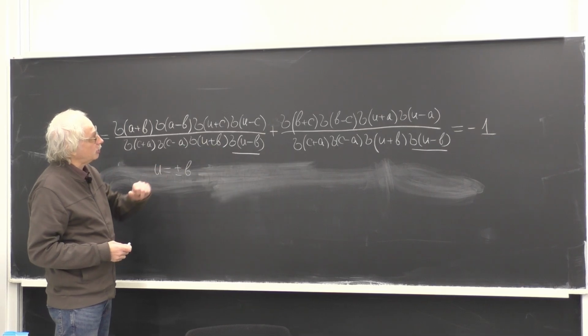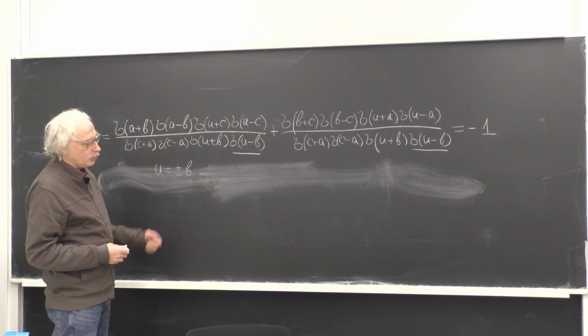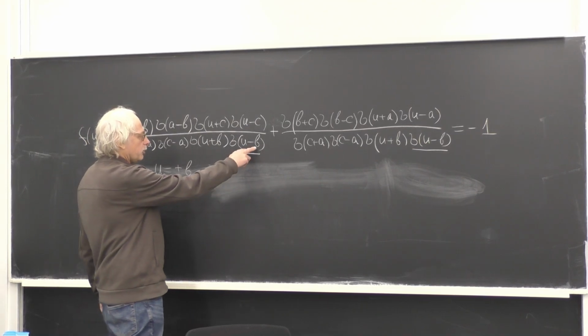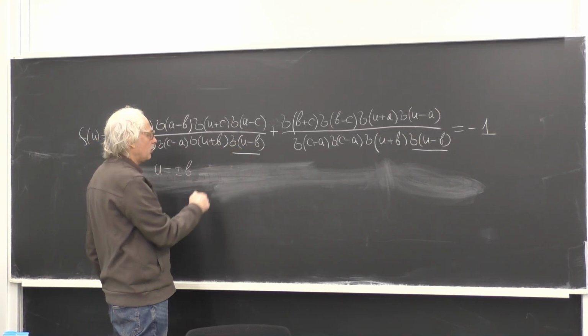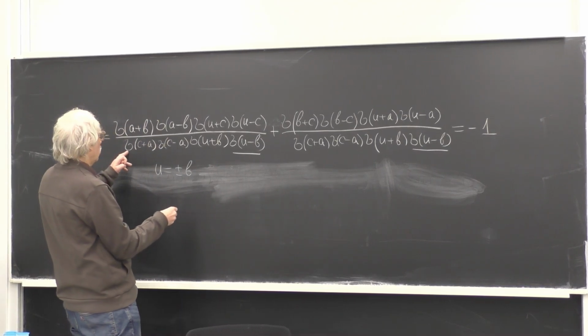Let us find the residue, for example, at the pole at b.